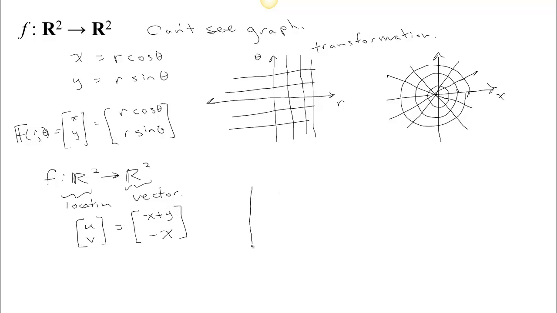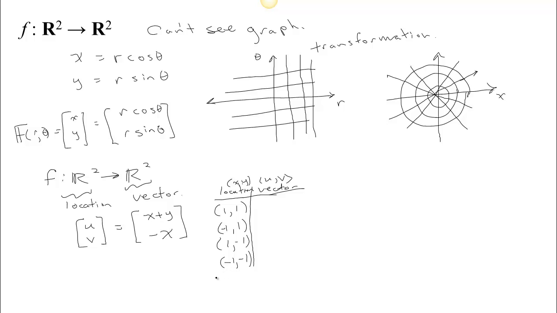What we could do is think about some different locations. Those would be inputs, 2 numbers, x and y, and the vector that we get as we output those. So that would be u and v. So let me just think about some locations. Maybe 1, 1, maybe negative 1, 1, or 1, negative 1, or negative 1, negative 1.